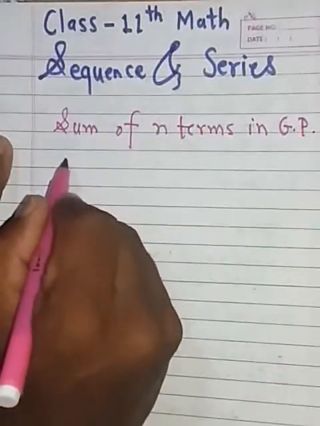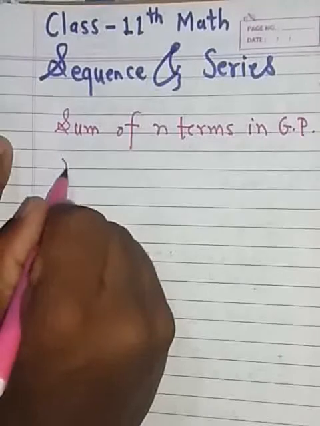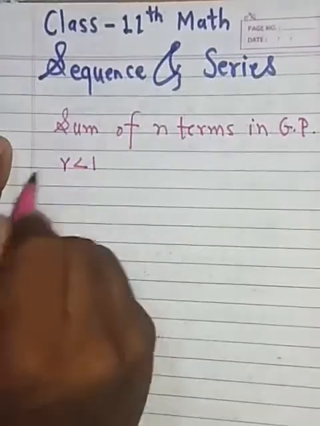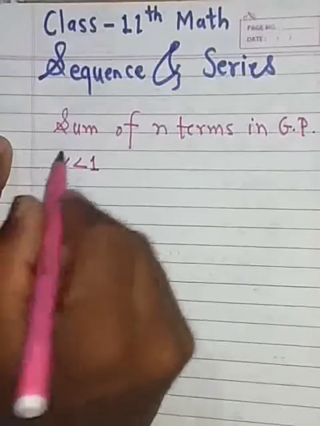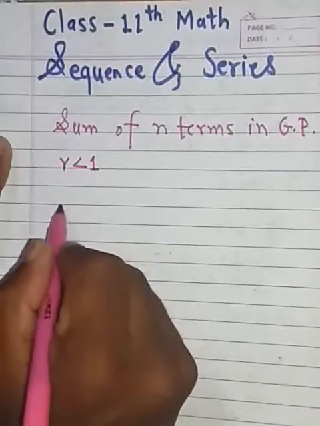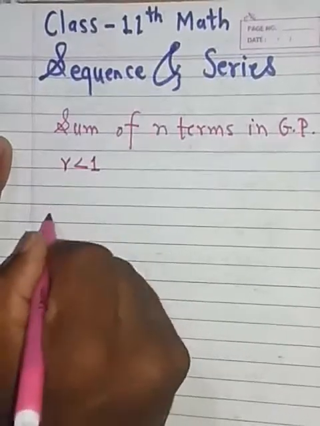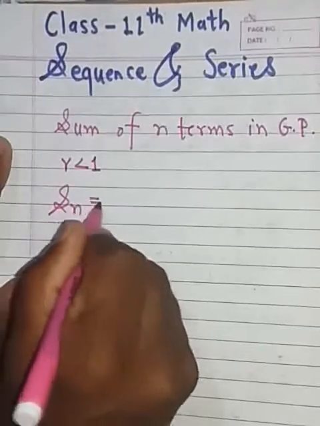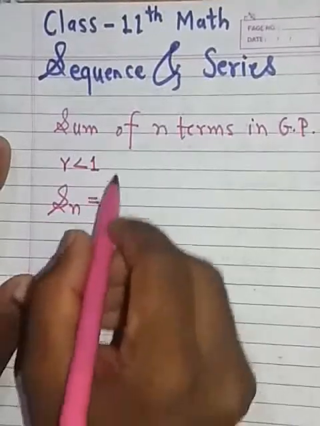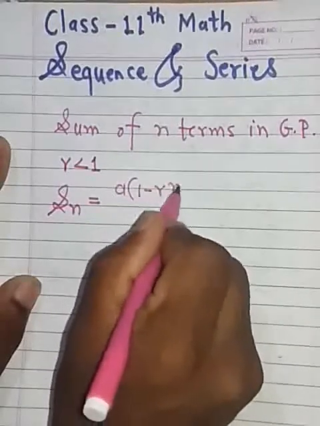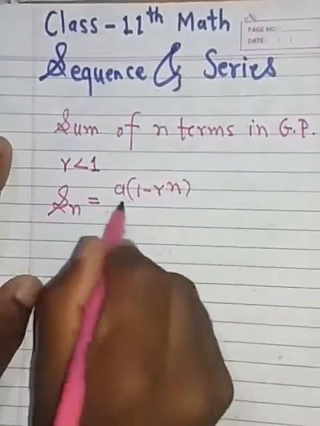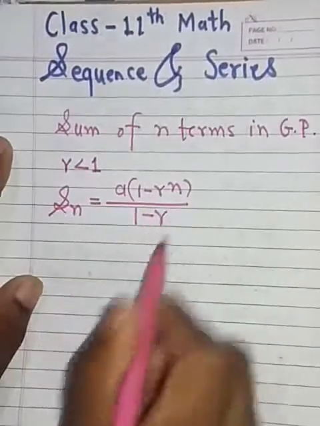When common ratio r is less than 1, Sn is equal to a into (1 minus r to the power n) upon 1 minus r.